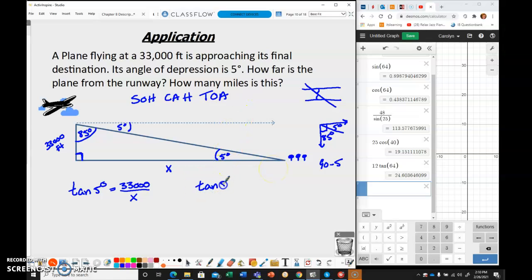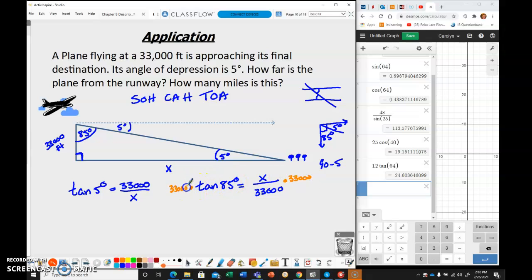If I do the tangent of 85 degrees, opposite 85 degrees is X, and adjacent to 85 degrees is 33,000. This seems a little bit easier to solve than that one, so that's the one I'm going to choose to do. I'm going to multiply both sides by 33,000.